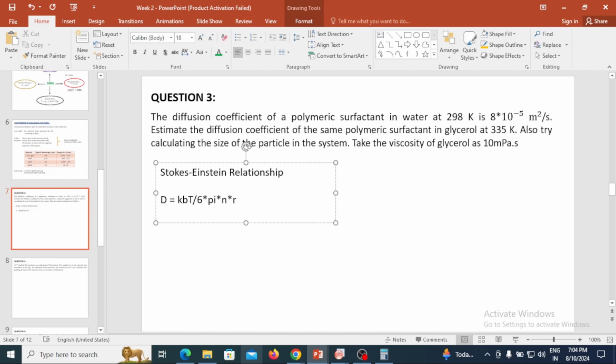Here you have two solvents, two viscosities, two temperatures, and you are supposed to calculate two diffusion coefficients, of which one is actually given.